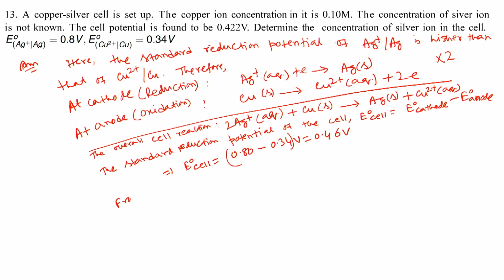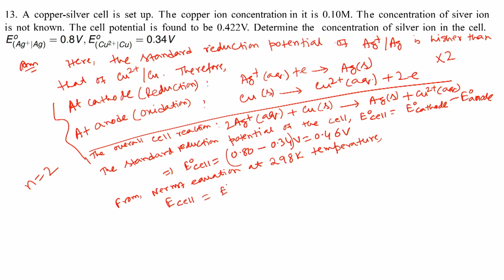Again, from the Nernst equation at 298 K temperature, for the overall cell reaction n equals 2 here. We write E cell is E naught cell minus 0.06 by 2 log concentration of Cu2+ by concentration of Ag+ raised to the 2.